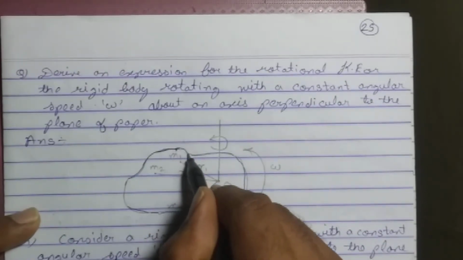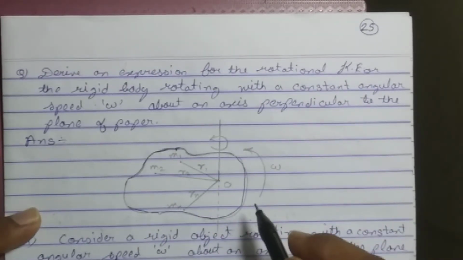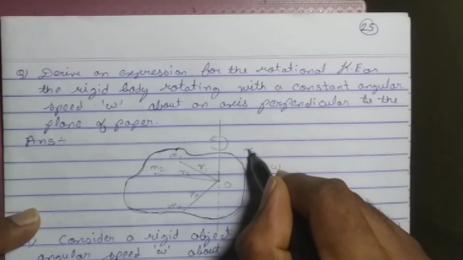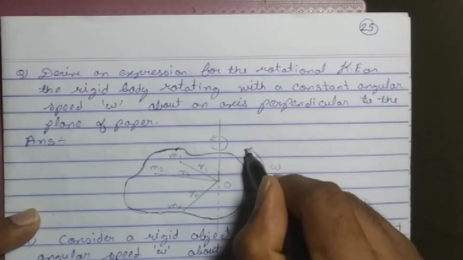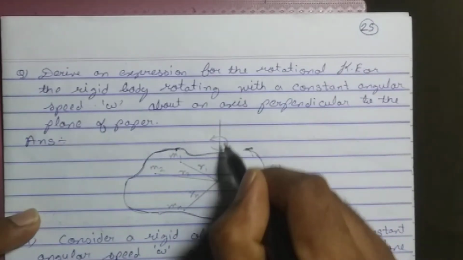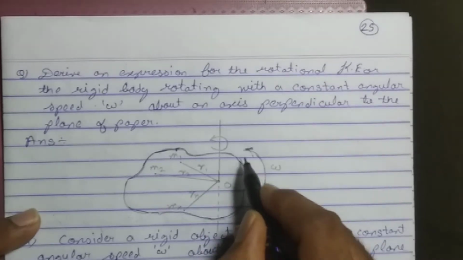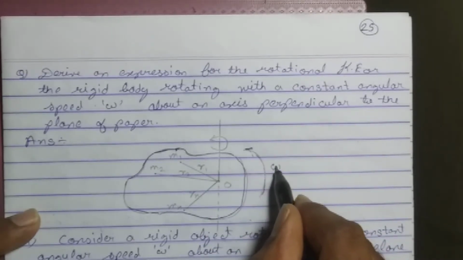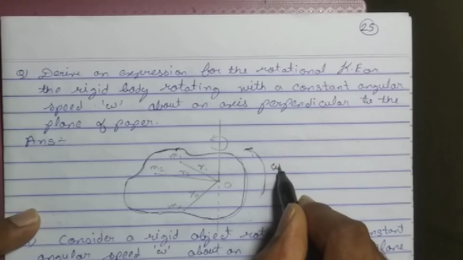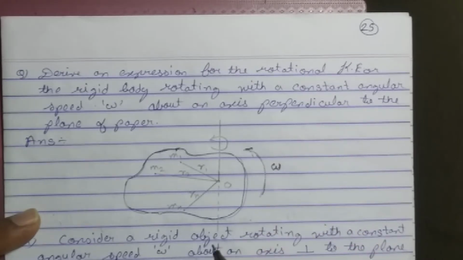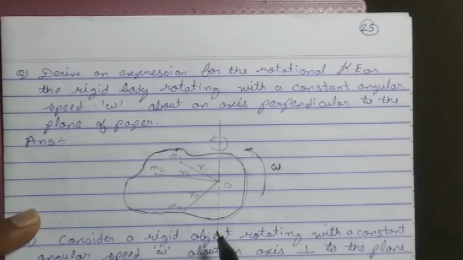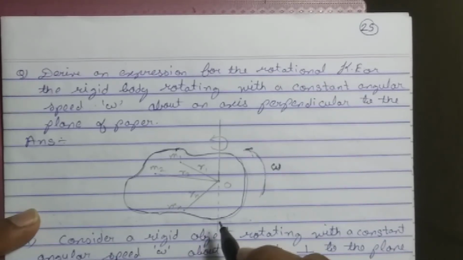If this body is rotating about its own axis, passing through the point O, with angular velocity omega, we have to find out the rotational kinetic energy associated with this particular rigid body.